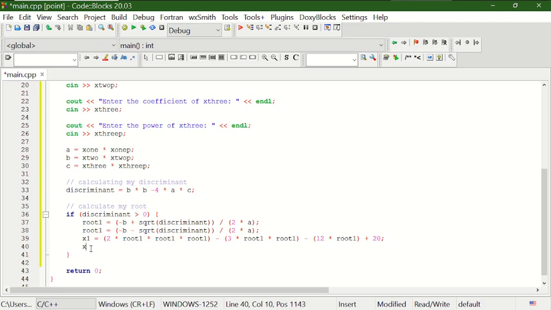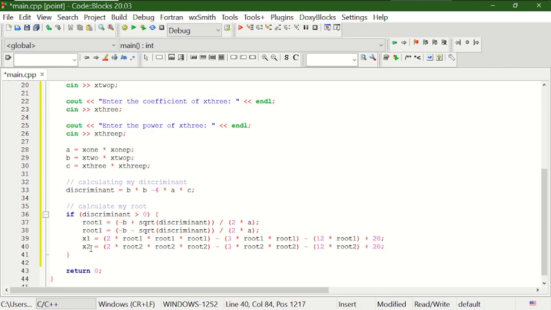We can say x2 is equal to, in bracket 2 times root 2 times root 2 times root 2, minus in bracket 3 times root 2 times root 2, minus in bracket 12 times root 2, plus 20.